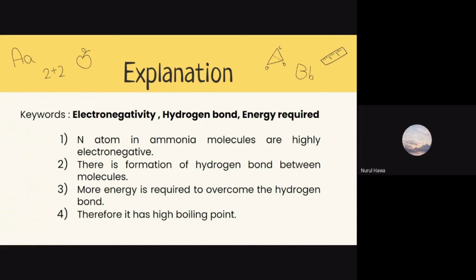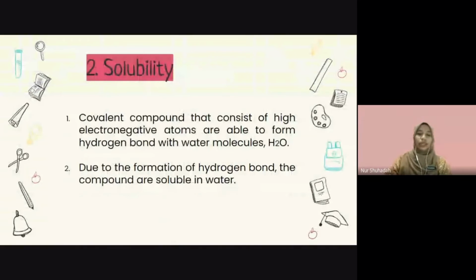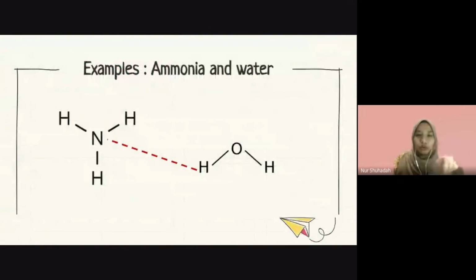Yes. Okay, so we will move to the second physical property, solubility. Covalent compounds that consist of highly electronegative atoms are able to form hydrogen bond with water molecules. So due to the formation of hydrogen bond with water molecules, the compounds are soluble in water. So there is an example, ammonia with water.